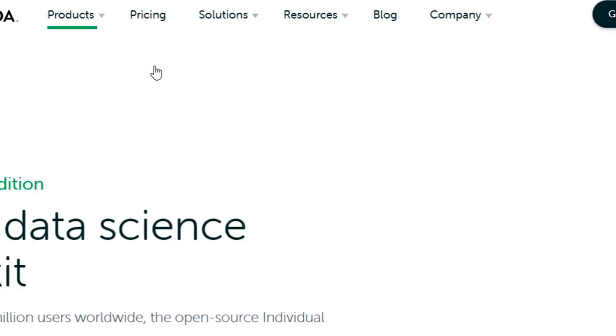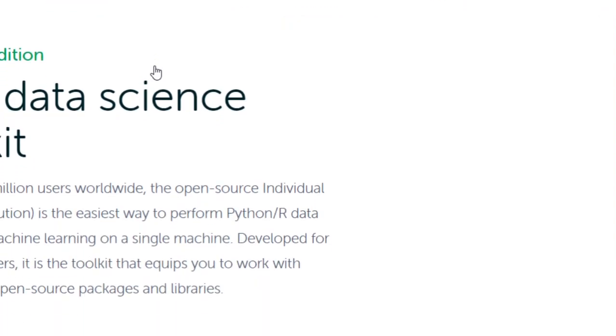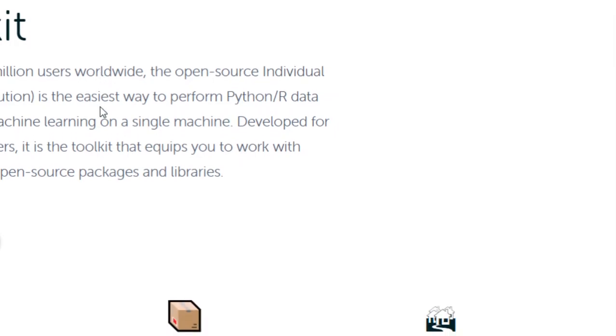So this is my data science toolkit. It's an individual edition, it's not an enterprise edition, and it will help me. It's a distribution basically. It helps me code in R and Python, and it's the easiest way to perform Python and R data science and machine learning operations on a single machine. So it's not meant for computing across machines, it is meant for computing on this one machine, and solo practitioners use it.